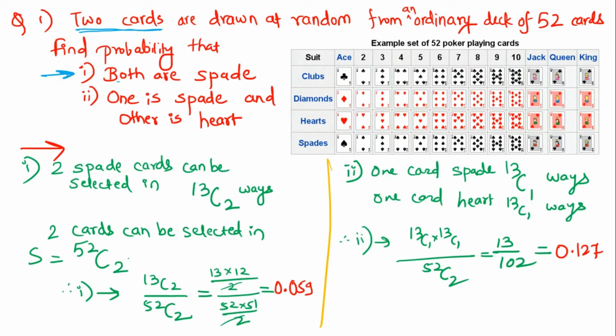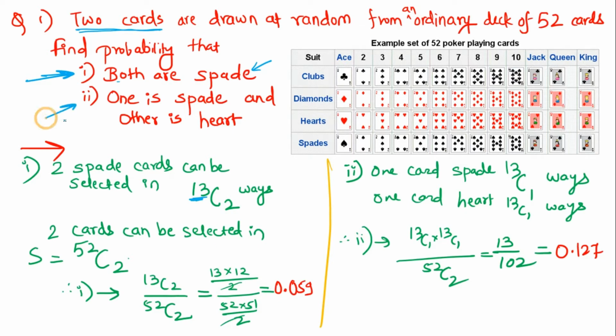For this, the possible selection: 2 spade cards can be selected in, there are a total of 13 spade cards, so 13C2 ways are there to select 2 spade cards from the total 13 cards of spade. So the probability for this will be the favorable event divided by the sample space, which is 13C2 divided by 52C2. When you solve this, you will get the value 0.059.